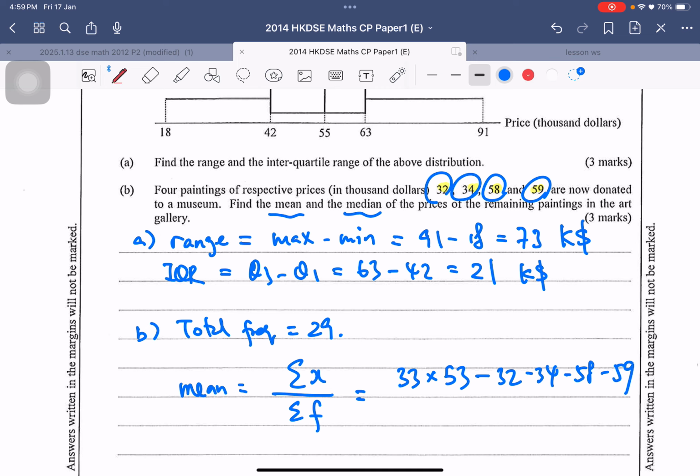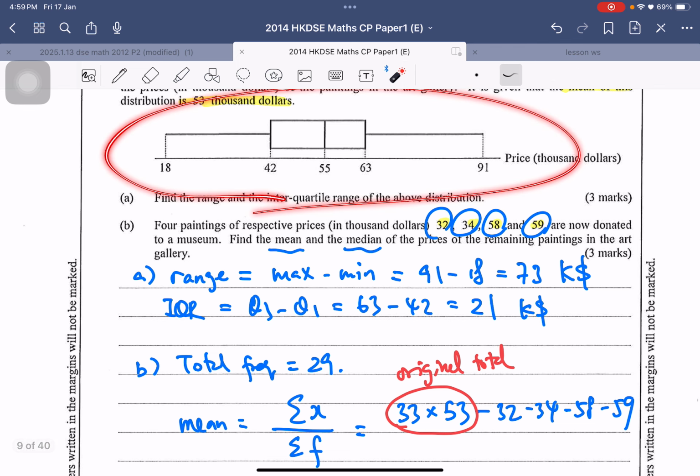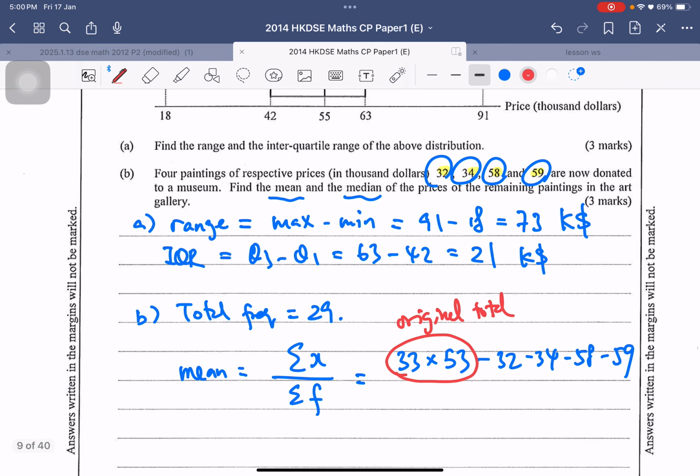So this part is the original total. That's why I need to use the highlighter, because you will only think this question is focused on the box and whisker diagram if you're not highlighting the mean here. You're going to forget it. And then you minus the data here, and now it's going to be divided by the total frequency.